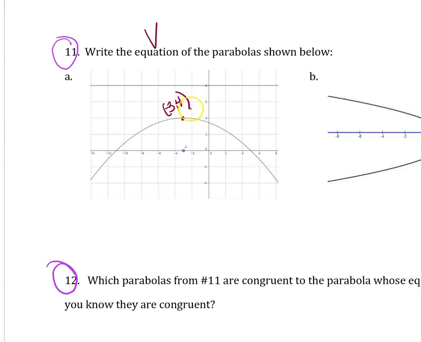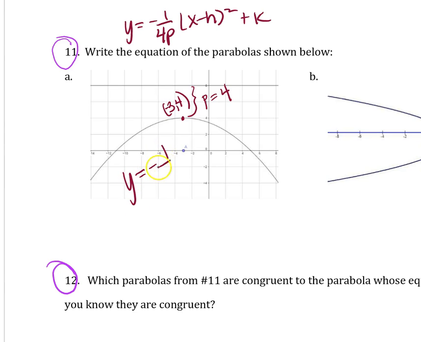And the p-value, so the distance from here to here, keep in mind the units are 2 each, so p must equal 4. Okay, since it's a parabola that is opening downward, I'm going to use y is equal to negative 1 over 4p times x minus h squared plus k, and then plug it in. So this is y is equal to negative 1 over 4 times 4 is 16, times x plus 3 squared plus 4 by plugging in h and k.